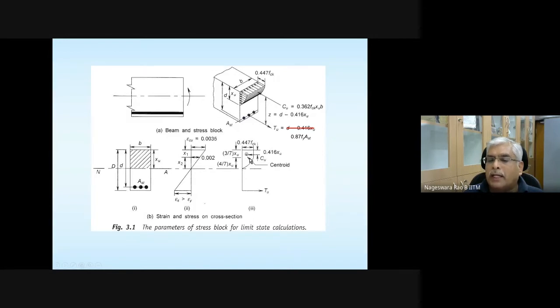That is going to be the area of this semi-parabolic shape, and this stress is acting over a width of b. So the total compressive force contribution from this semi-parabolic region is, once again, 2 times 0.447 fck times 4 divided by 7 xu divided by 3 times b. Please take a note of it.